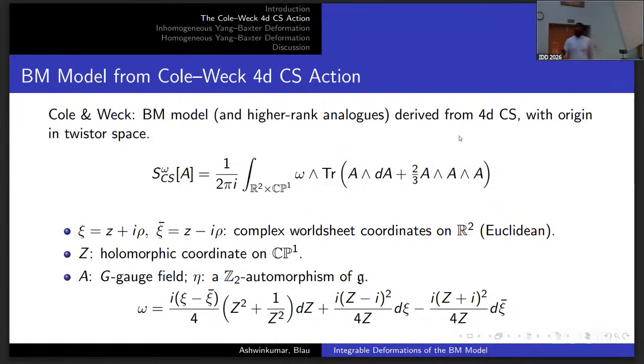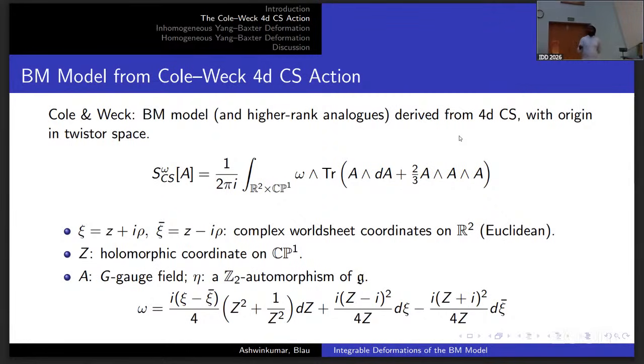So in the work of Cole and Weck, they derived the BM model that I described earlier, as well as the higher rank analogs. Here I will use z and z-bar as complex worldsheet coordinates, and capital Z is the holomorphic coordinate on CP1.